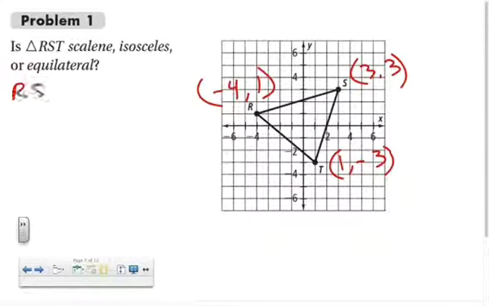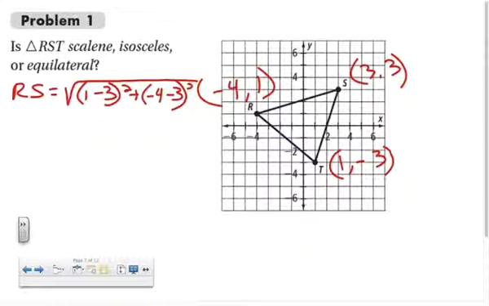So here we go. Our RS is 1 minus 3 squared plus negative 4 minus 3 squared. Simplifying. Of course, you remember that when I take this -2 and square it, it becomes positive.